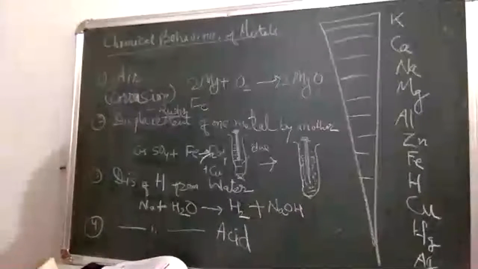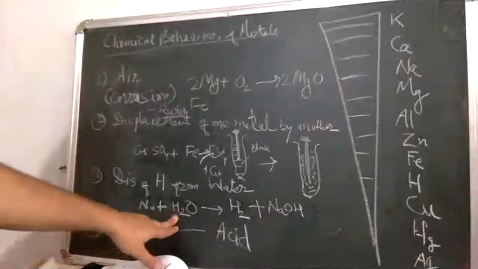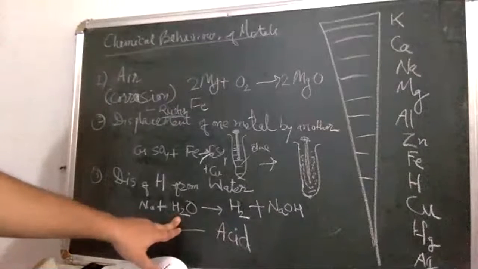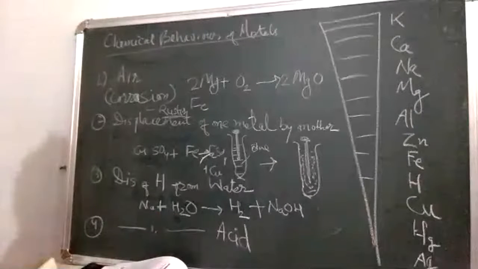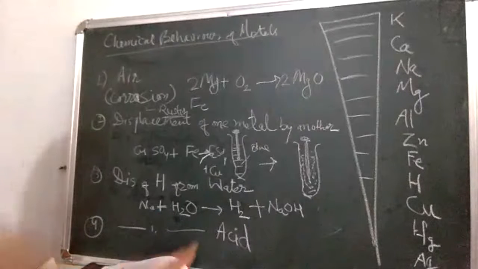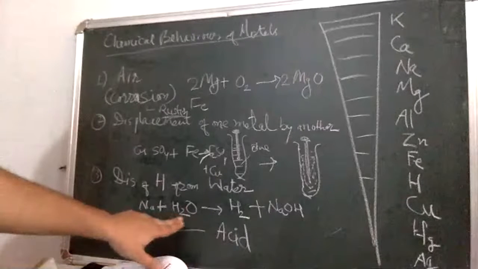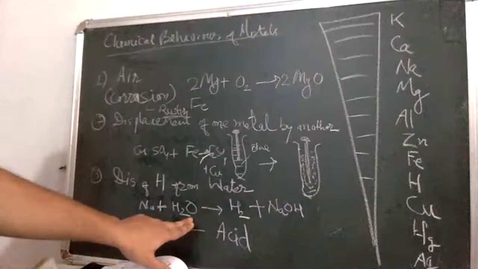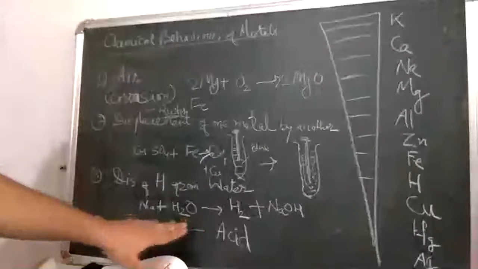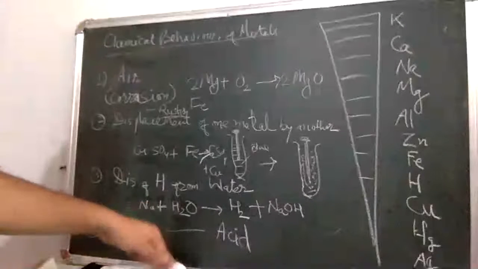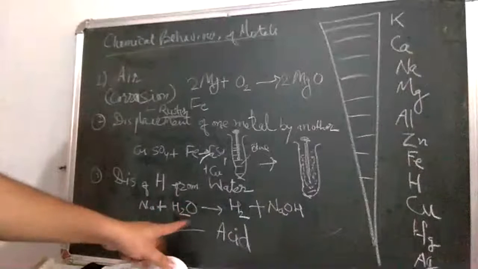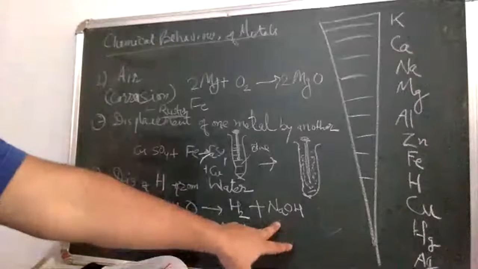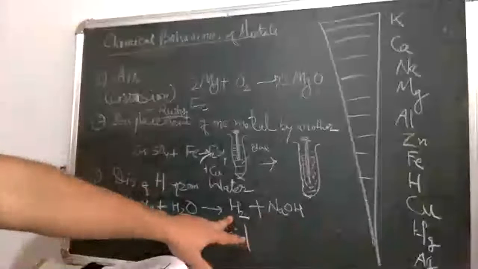So you have displaced hydrogen from water. What is the formula of water? H2O, which has two atoms of hydrogen and one of oxygen. You have replaced hydrogen from H2O with Na, so it will become sodium hydroxide, and the hydrogen will be separated out.